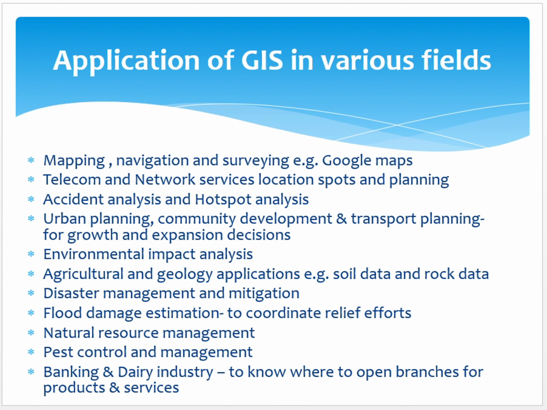You study the population, get to know the products in that area, which are the best crops to grow in that area, all these. So the application of GIS is very applicable in our day-to-day operations.